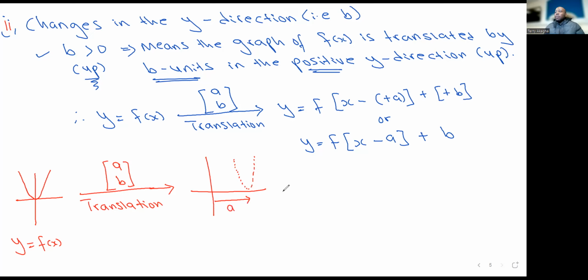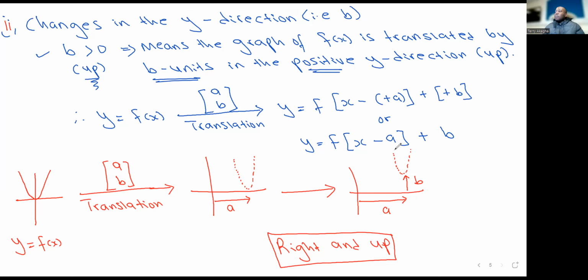But B is also positive. So when it got into this right position, it's going to move up. So it moved to the right by A, and it's going to move up by B. You can see, when A is positive and B is positive, it means it moved to the right and up.